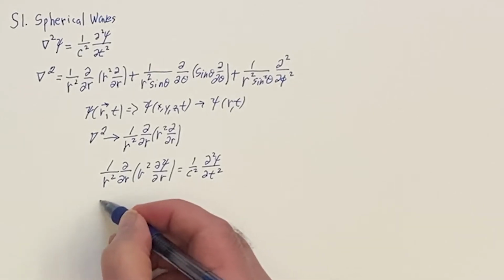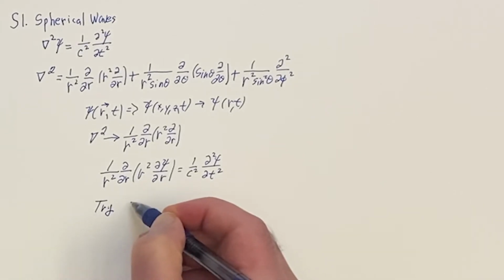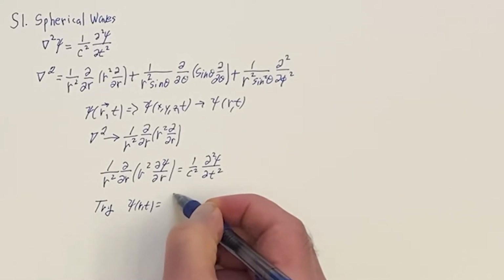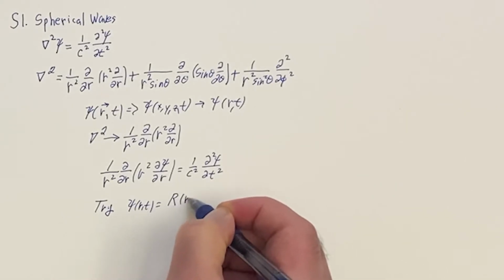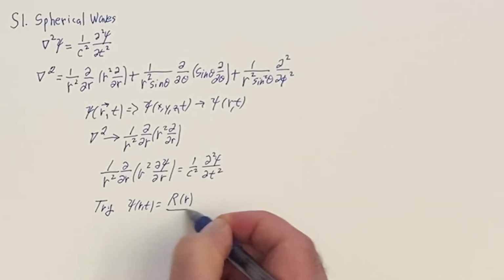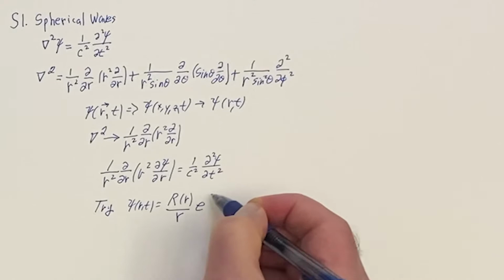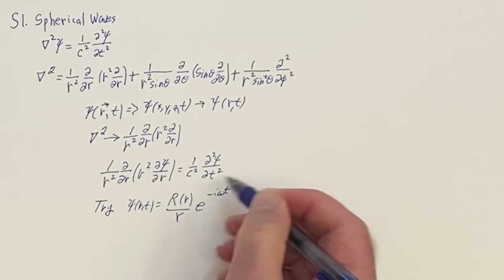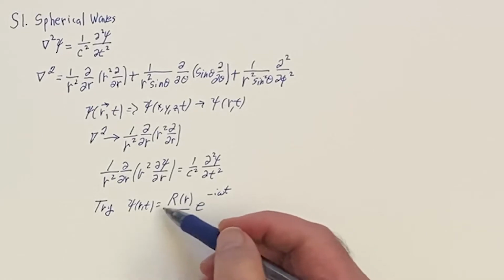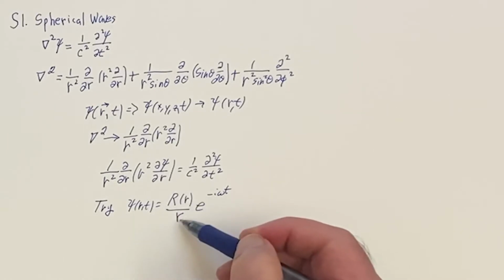So we're going to try for a solution. We're going to take a function of r, call it capital R, divide it by r, times e to the minus i omega t. I picked this because of the inverse square law: when you square the amplitude, you get 1 over r squared.